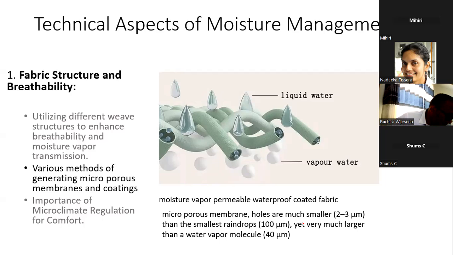But in this slide, I'm referring to moisture evaporation or moisture permeation through porous membranes. If you have a pore less than 100 micrometer, where the maximum droplet size of water is measured to be 100 micrometer, that water will not permeate through that membrane, because the water droplet can't get through.